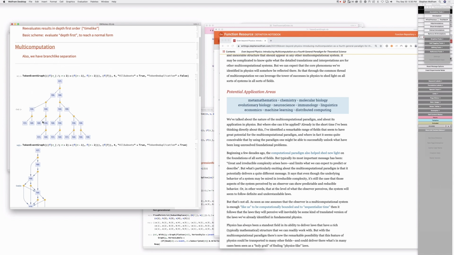Even though the description of the model may involve describing the microscopic dynamics, if all you want out is the result of a coarse-grained, computationally bounded observer, then there is a faster way to get that result than going through all the microscopic dynamics.